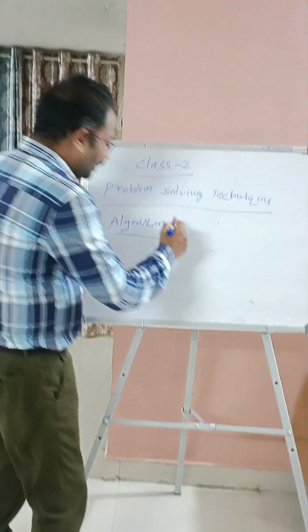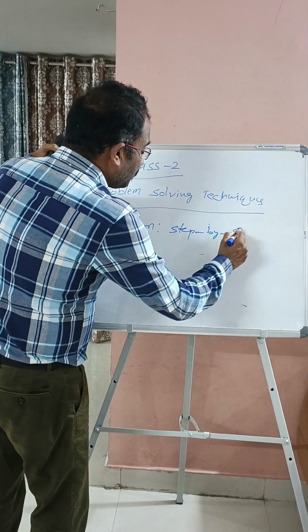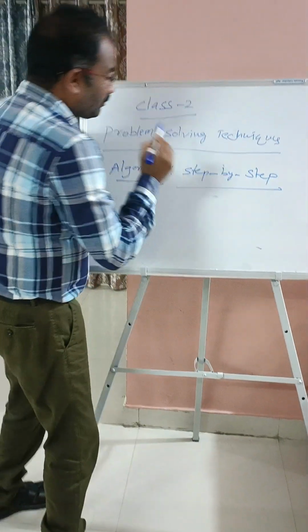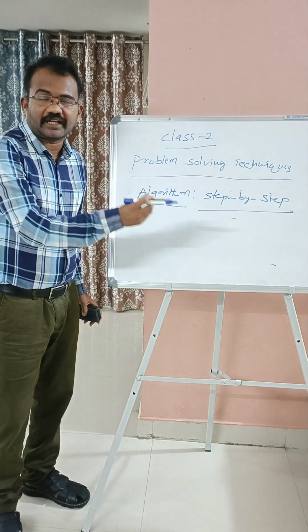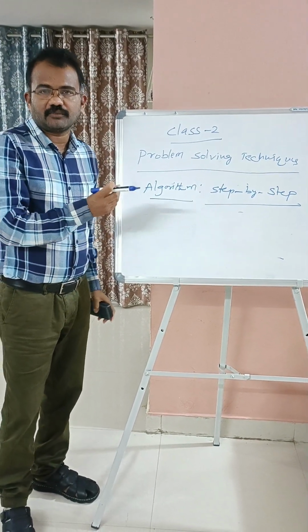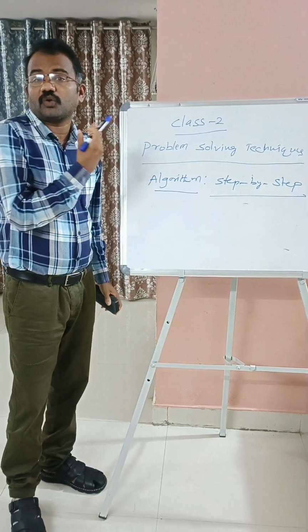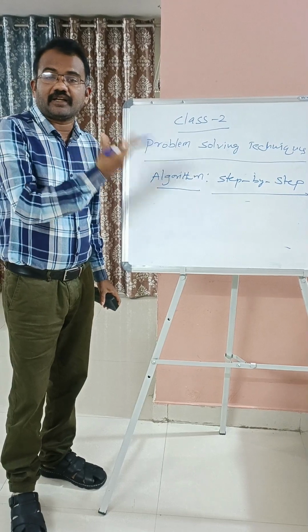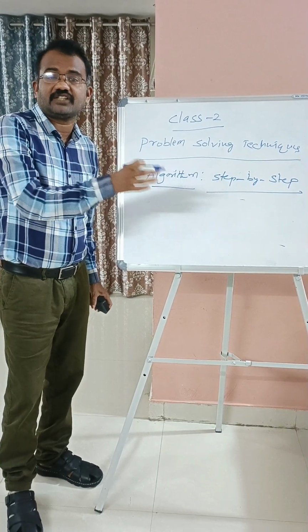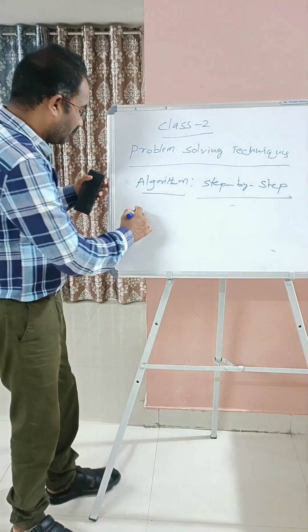Algorithm means a step by step process. We need to solve the problem by writing the first step, second step, third step, up to the final step. How to write an algorithm? It has some properties. By writing an algorithm, we must satisfy these properties, then only the algorithm is right.